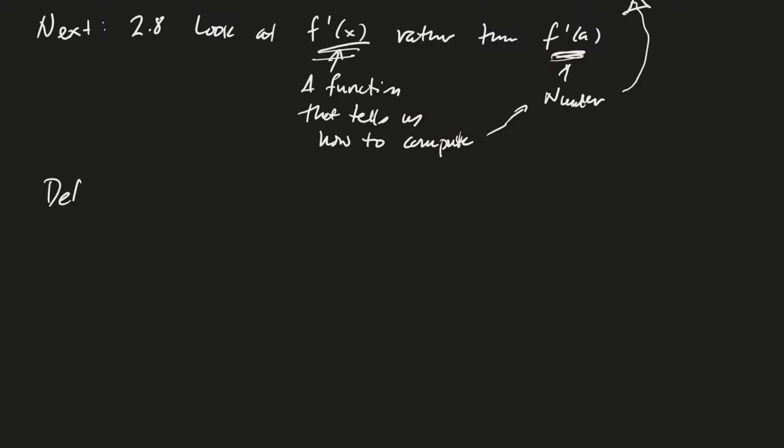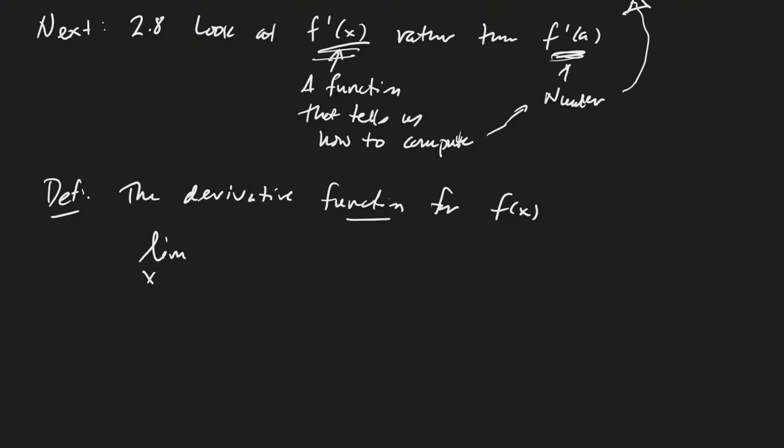So definition: the derivative function for f of x is just exactly the same thing that you've just seen. The limit as h goes to 0 of our difference quotient. Okay, that's our slope, f of x plus h minus f of x divided by h.